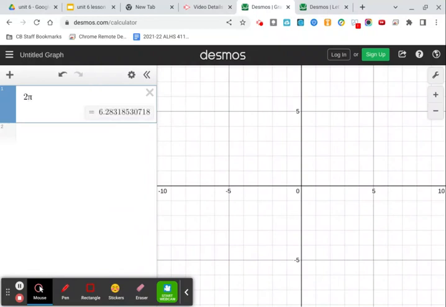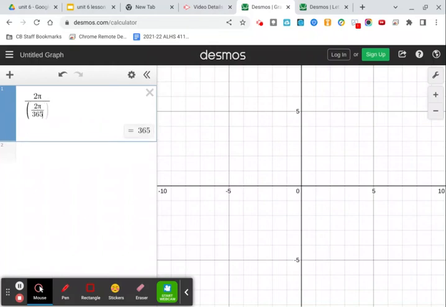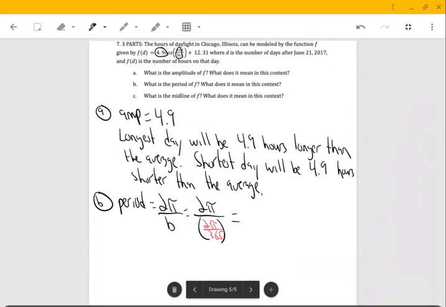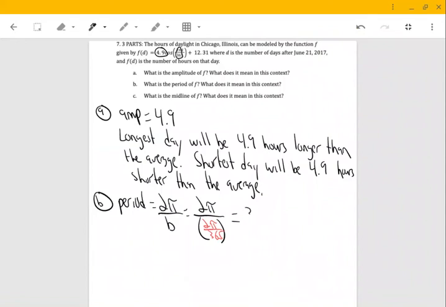So we're doing 2 pi divided by 2 pi over 365, and we get a period of 365. In this case, it'll be 365 days.